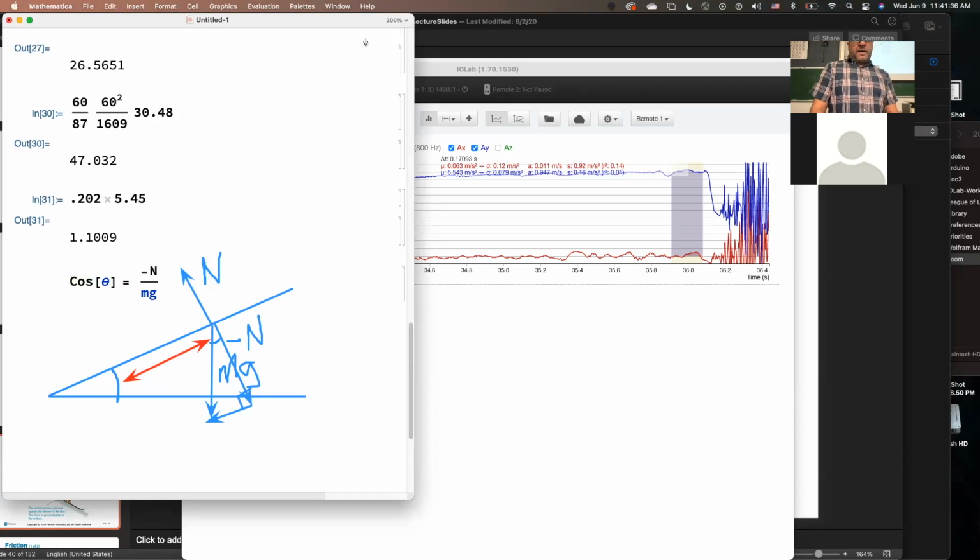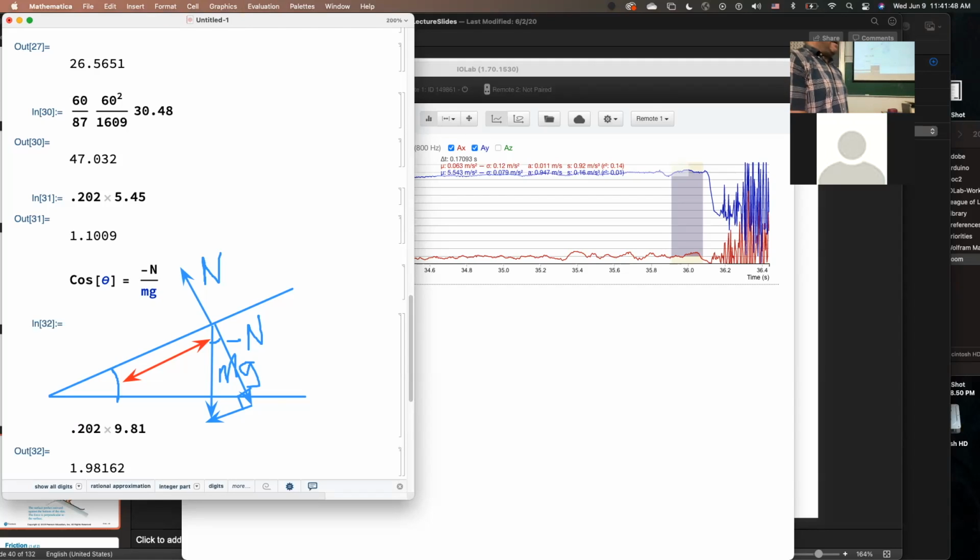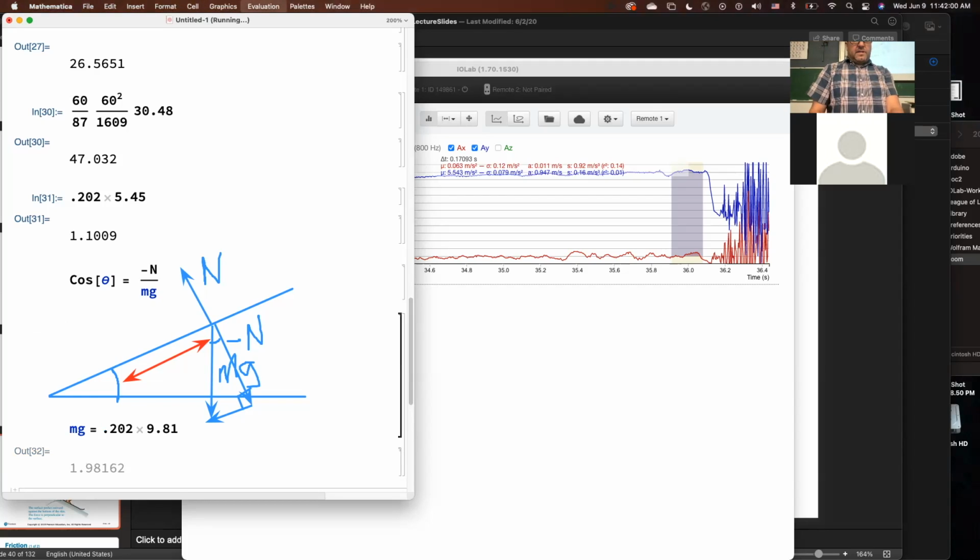So down here, I'll calculate m times g. I'll say the mass is 2.02 times 9.81. So that gives me m times g, and I'm going to store that as a variable. So I say mg equals that.